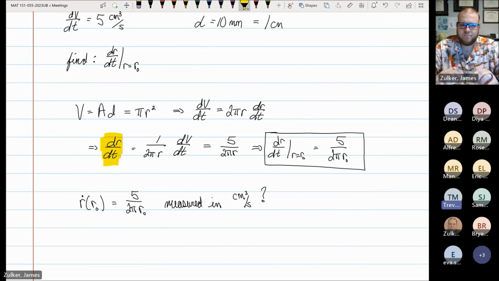Measuring the radius in centimeters. So it shouldn't be cubic centimeters, right? It should just be centimeters per second. Right, so whenever you're looking at rates of change, the units, just look at, essentially, calling it the numerator, right? dr, so centimeters, dt, seconds, centimeters per second.